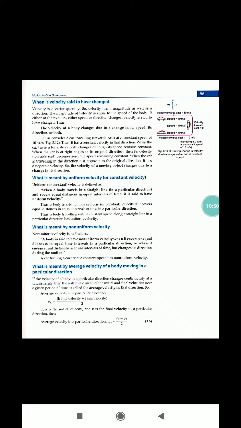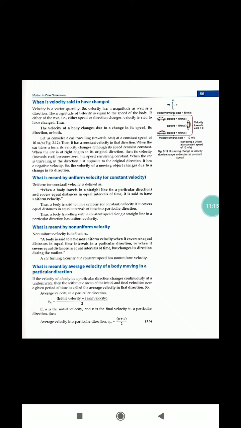If the velocity of a body moving in a particular direction changes with time, the ratio of displacement to the time taken in the entire journey is called its average velocity. Thus, average velocity is equal to displacement by total time taken. So displacement is how far it is displaced.